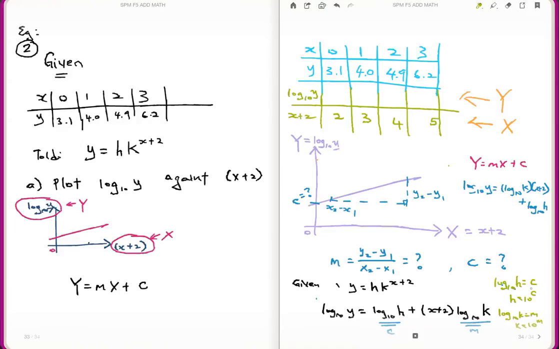Again, this is what I meant by unless otherwise specified, because here the question specifically says my capital Y-axis is log 10 y, and capital X, my x-axis, is x plus 2. So this is what it meant by specified. You need to look at the question in order to determine which is the constant for the y-intercept.